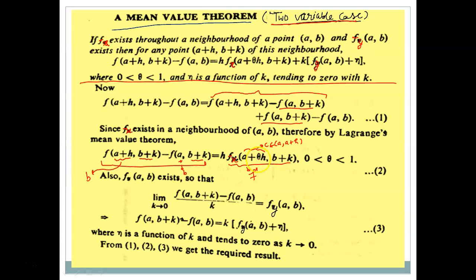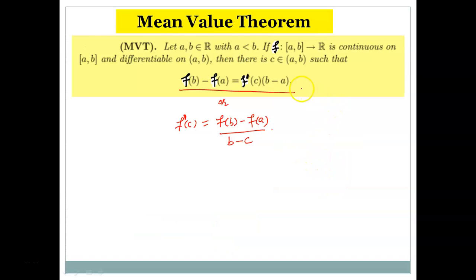When you take theta greater than 0, the point will be somewhere to the right of a in the interval a to a+h. And when you take theta equal to 1, it will be a+h, which means the point will be here, but it cannot be included. So that is why we keep theta less than 1. If you take theta less than 1, the point a + theta h will be in this interval a to a+h.